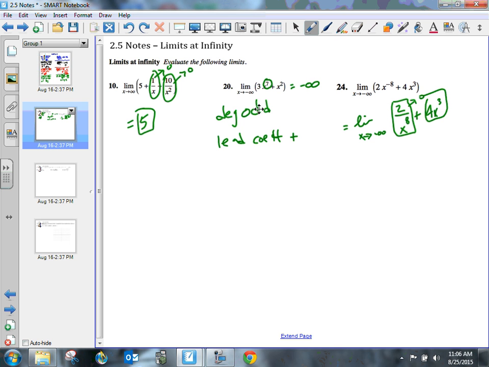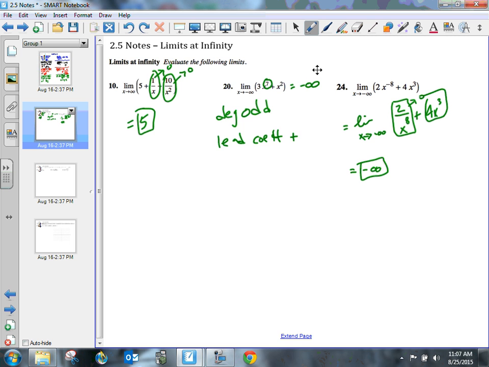My degree is odd, my leading coefficient is positive, so this limit value is going to approach negative infinity. So guys, the thing about some of these is that I'm not doing a ton of math. I just have to think about what these graphs are doing as x gets really big or really small.